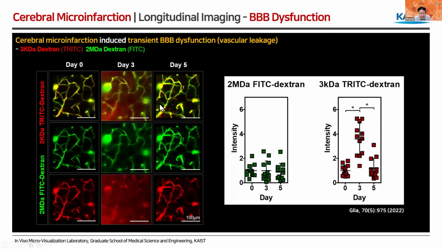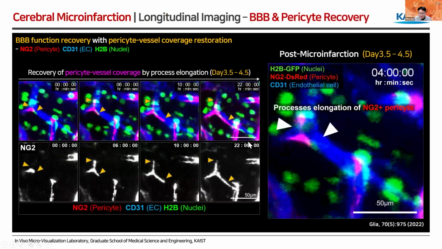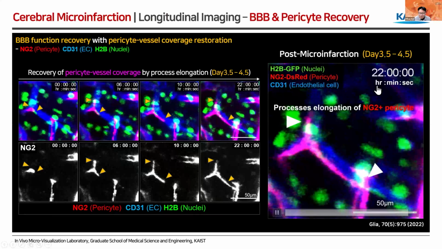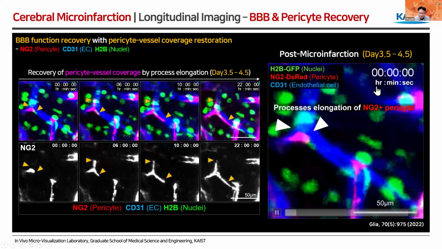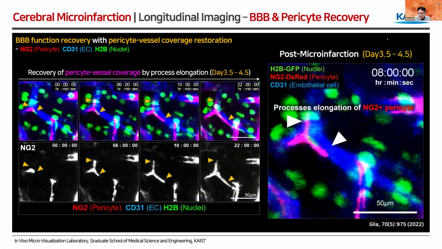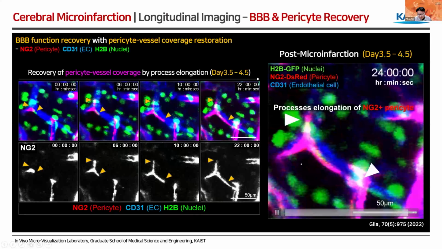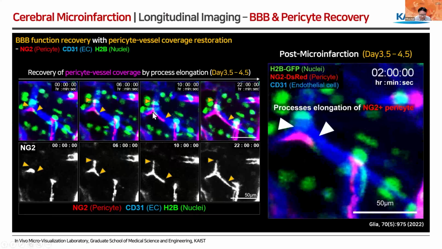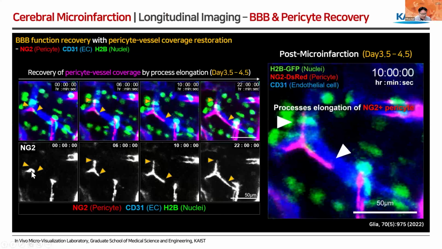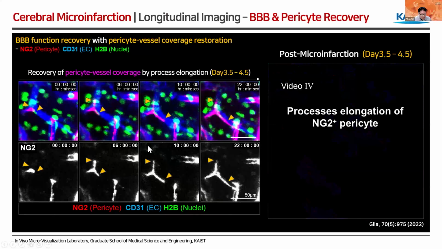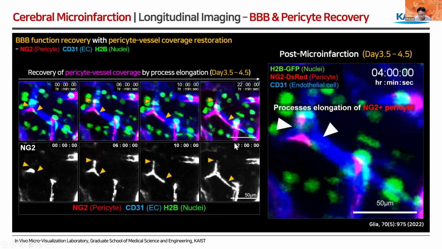So we want to see what happened from day 3 to day 5. This is our representative image data. This is a 24-hour continuous imaging from day 3.5 to 4.5. In here, you can clearly see the extension of these pericyte processes over time. This is 6 hours, 10 hours, and 22 hours.